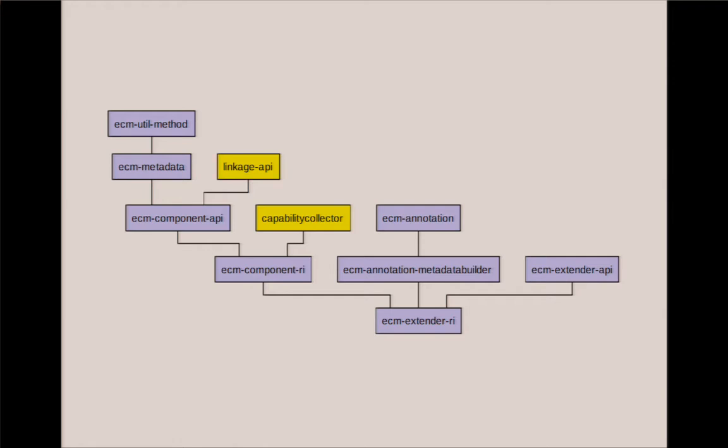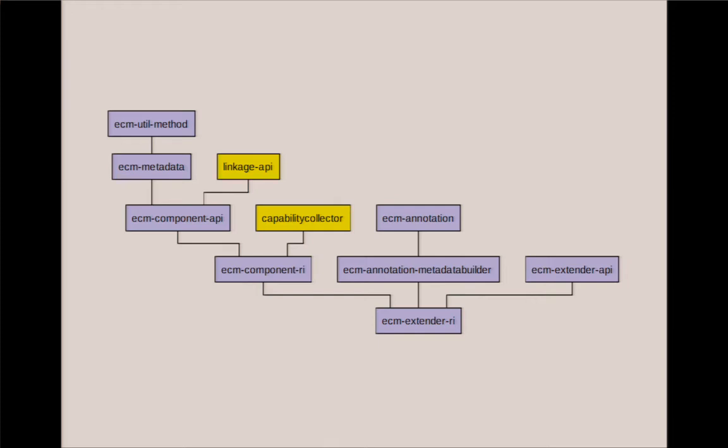Declarative services had 1 jar, and we were not sure that's right. So we separated everything into different modules. For example, annotations are not directly attached to the core functionality. You can specify other annotations.